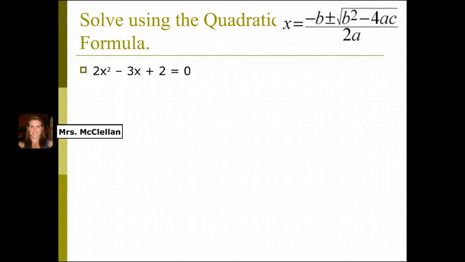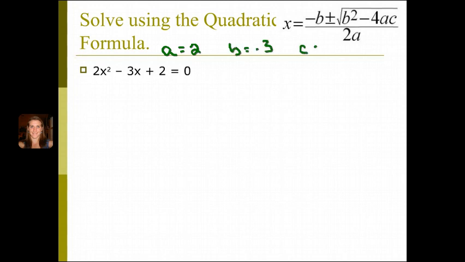All right, so in this example, you'll notice that our equation is already in standard form. So we need to identify our A, which is 2, our B, which is negative 3, and our C, which is also 2. And let's plug that into the quadratic equation.